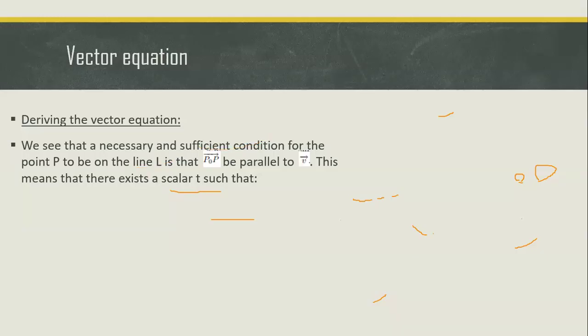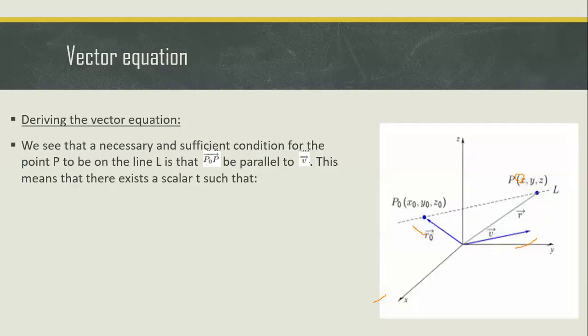And the next thing that we're going to look at is the vector equation. Now we want to derive the vector equation, where we see that a necessary and sufficient condition for the point P to be on the line L is that vector P0P is parallel to vector V. And we can see that from the diagram here.